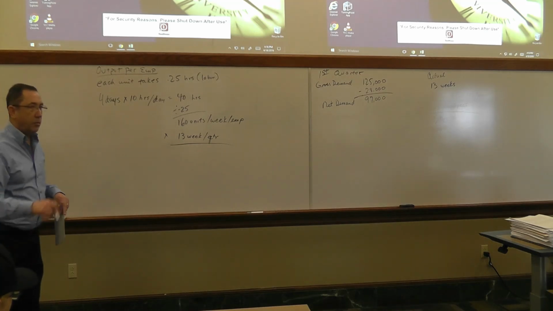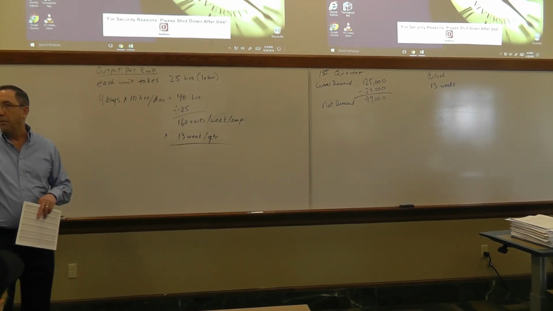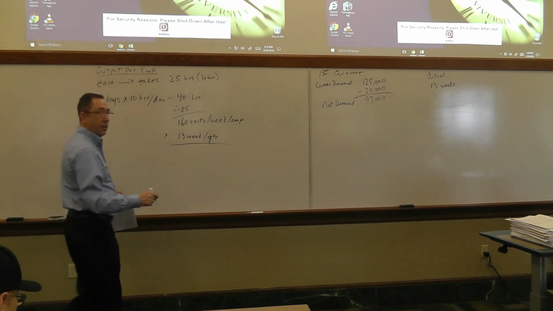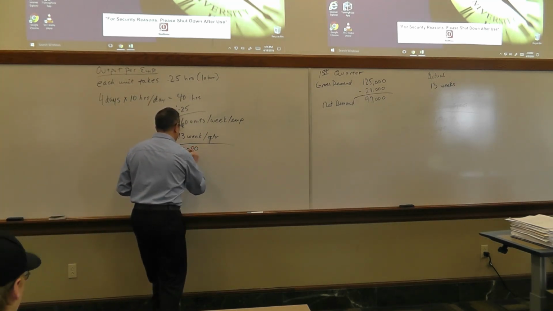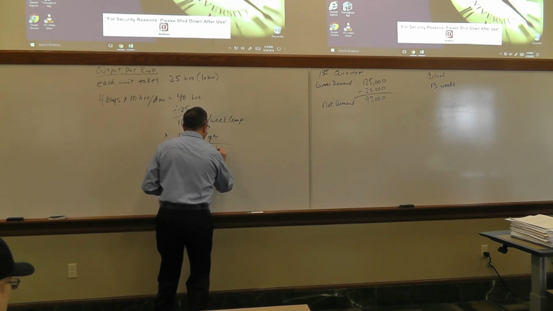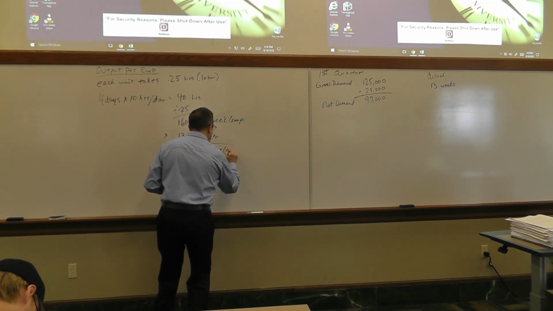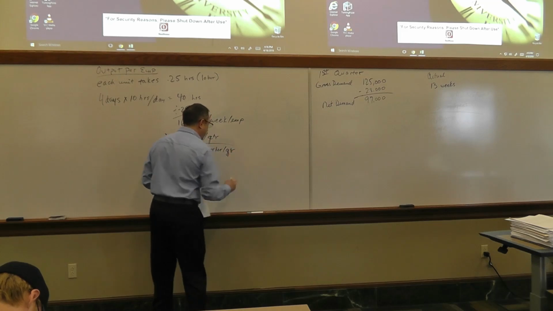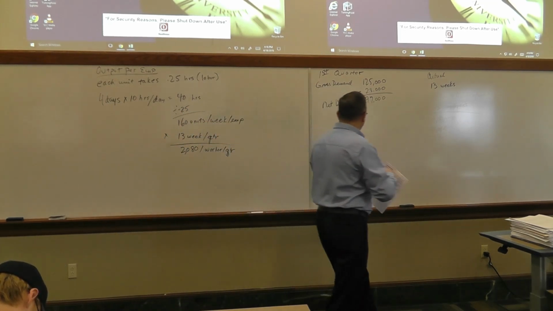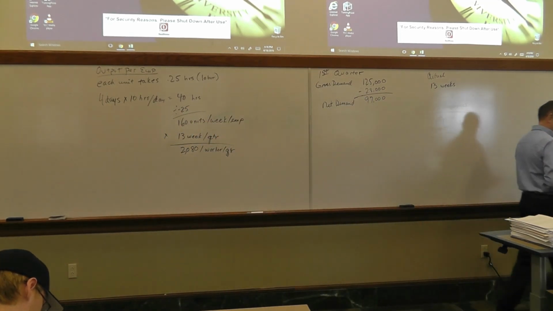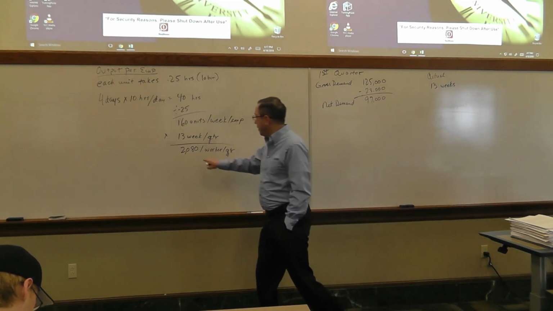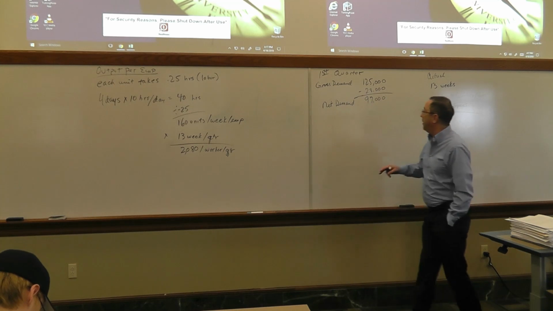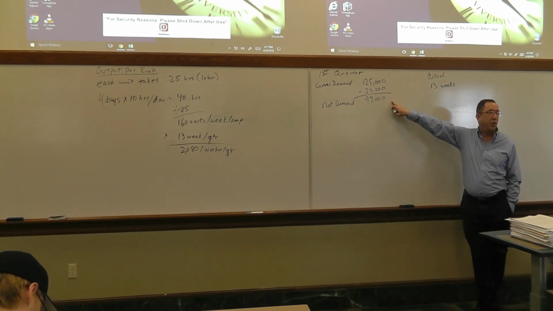Yes. 2,080 per worker in that first quarter. That's how many one worker is going to give me. This is how many I have to produce.